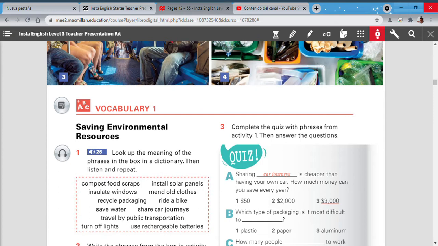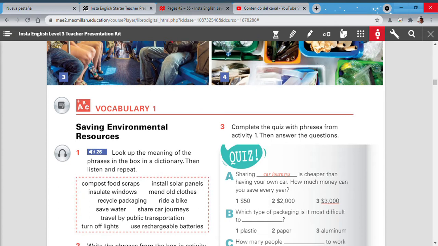Next, insulate windows. What are insulate windows? It's like close, aislar las ventanas. That's the idea, okay? Recycle packaging.